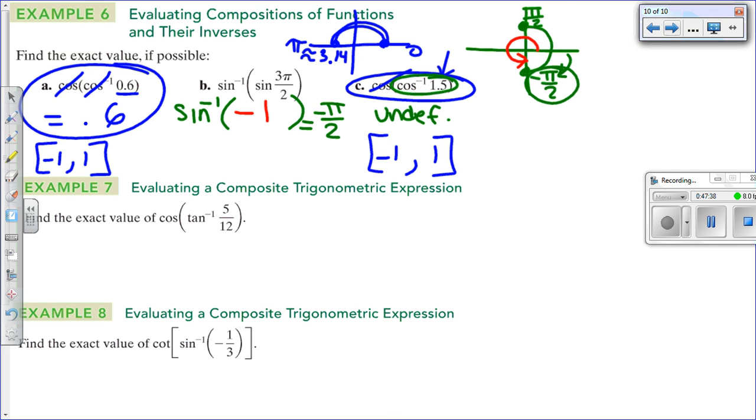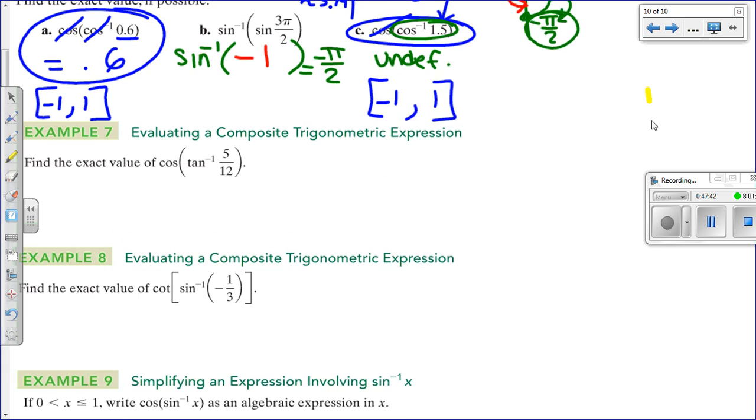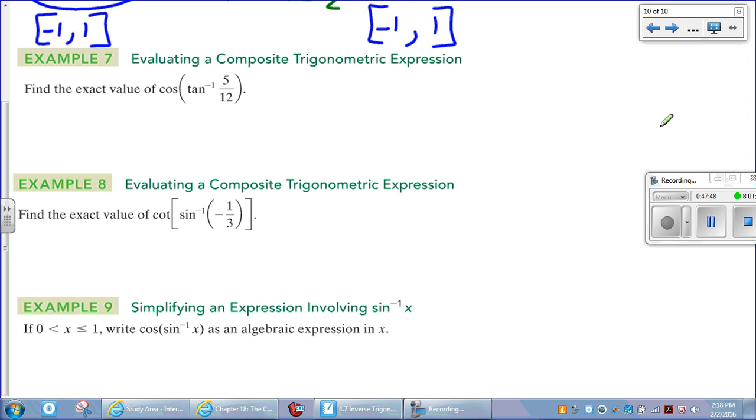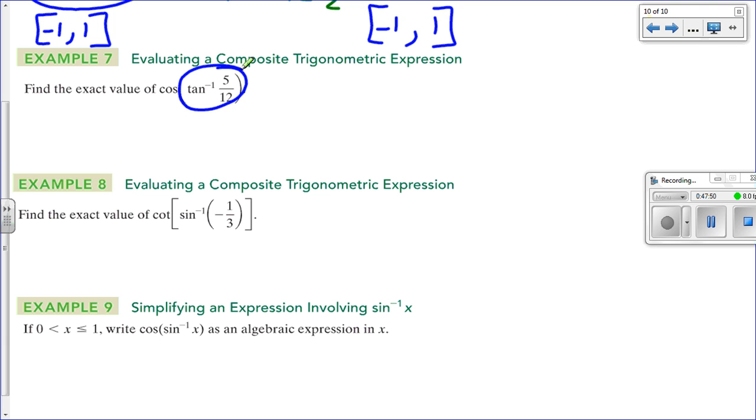So problem 7. Problem 7, we have tangent inverse, and then we have that 5/12. That's all we have. We don't know anything else. So what we can do is just draw it. So do you guys remember tangent inverse was in which quadrants? 1 and 4.